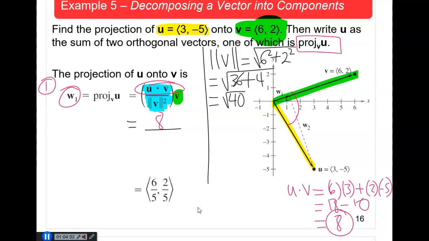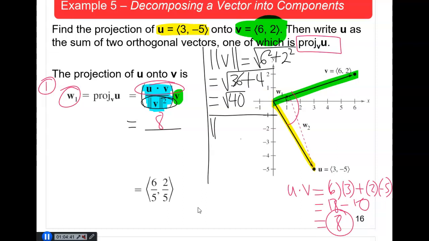Let's go ahead and simplify it a little bit. The square root of 40 is the same as the square root of 4 times 10, which is the square root of 4 times the square root of 10. And the square root of 4 is 2. So we're going to have 2 times the square root of 10. Let's just leave it like that. But now, actually, I didn't have to do all this. I'm sorry. We could just leave it as the square root of 40, because I forgot that for our formula, we need the magnitude squared.